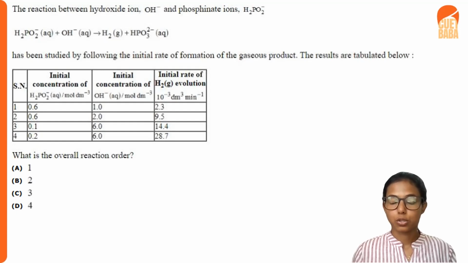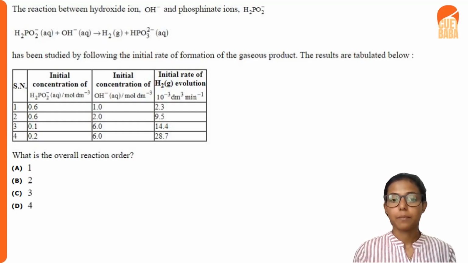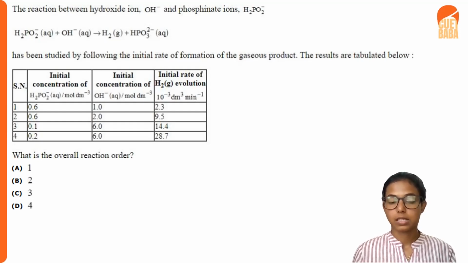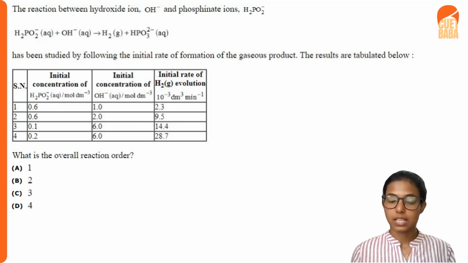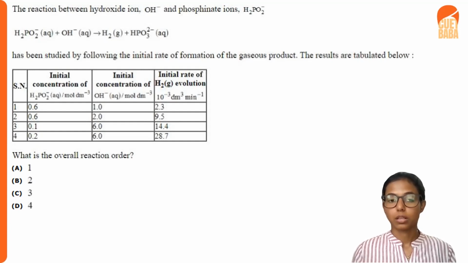If we want to find the rate of the equation, it is based on the chemical kinetics chapter. The initial concentration is given here, and the initial concentration of OH minus is given in the other table, and the initial rate of evolution of H2, that is the rate of the reaction, is given in the third column.